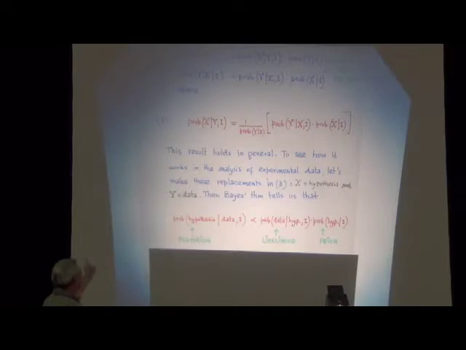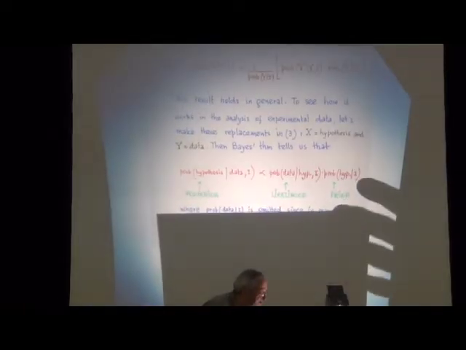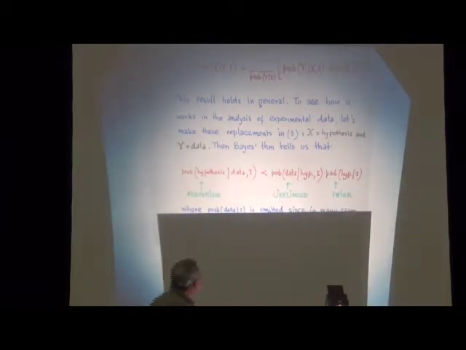Then the left-hand side gives you the probability that the hypothesis is true based on the data and the prior information, and that's proportional to the probability of the data given the hypothesis and the background information, times the probability that the hypothesis is true based on your background knowledge, where you have assigned a probability. The technical names you know very well: posterior, likelihood, and prior.